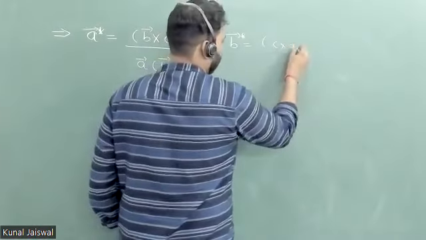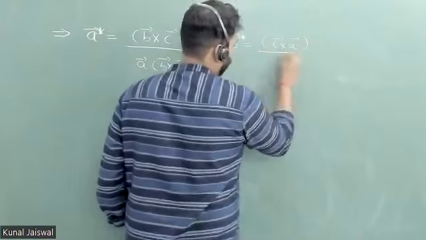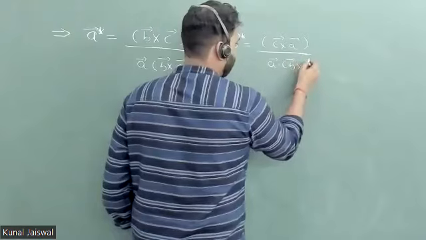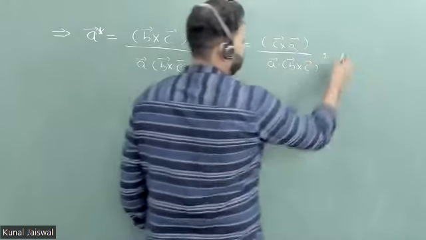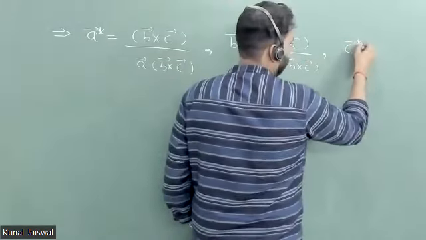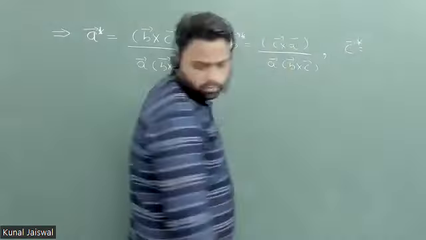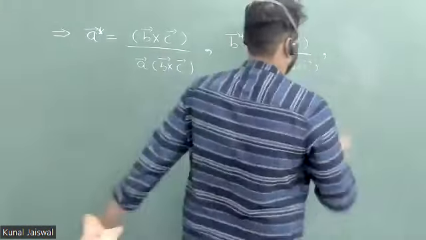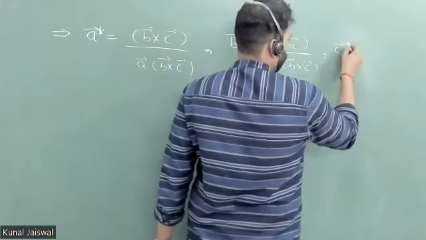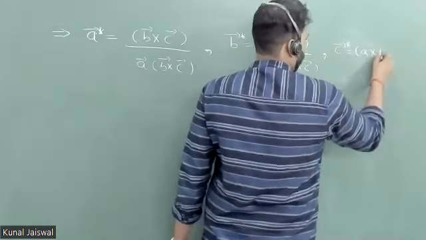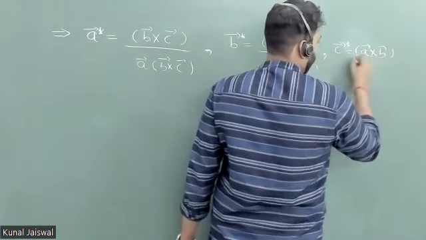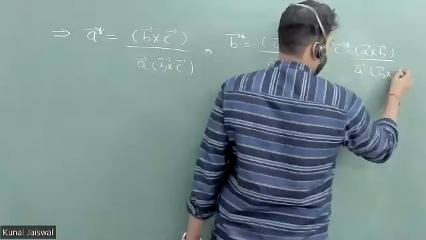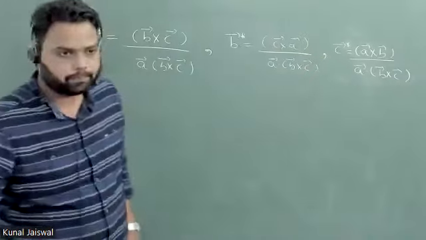C cross A divided by A dot B cross C. And similarly, the C star vector was equal to A cross B divided by A dot B cross C. Okay, हम यहाँ तक पहुंच चुके थे.